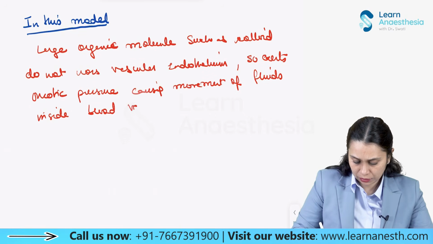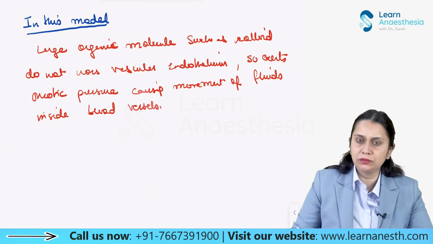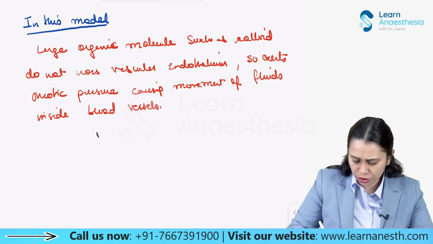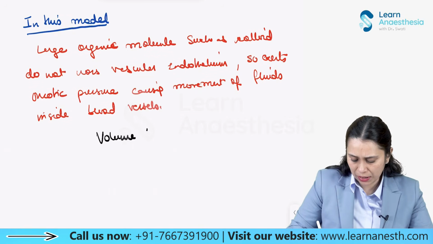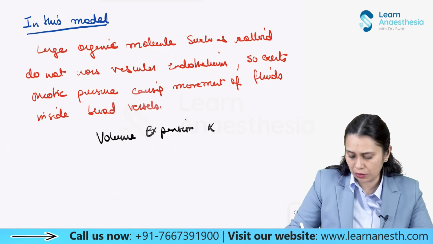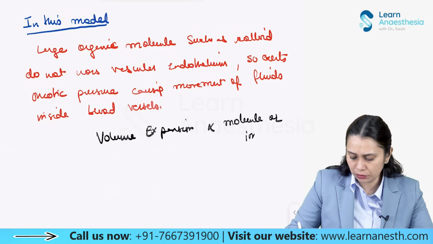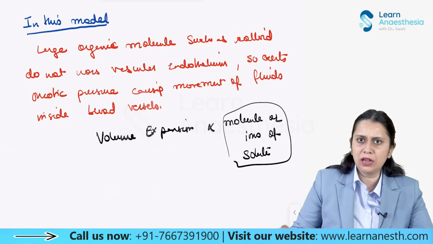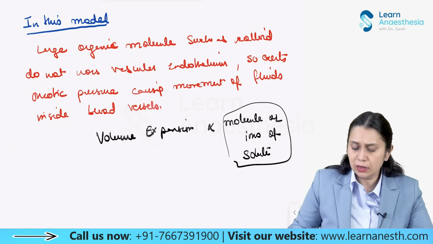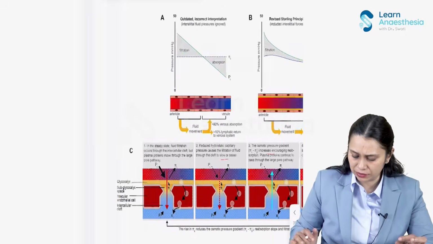The volume expansion by colloid would be proportional to the molecules or ions of solutes, that is of colloids. So this was the classical Starling's hypothesis.